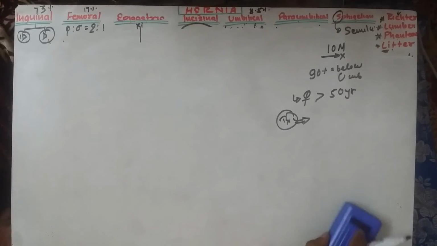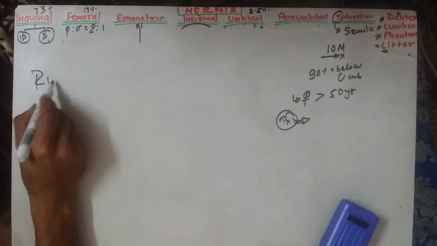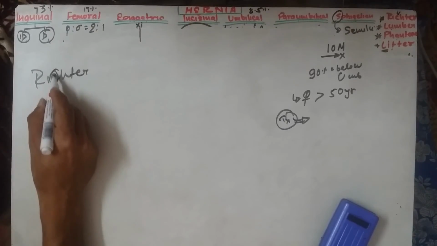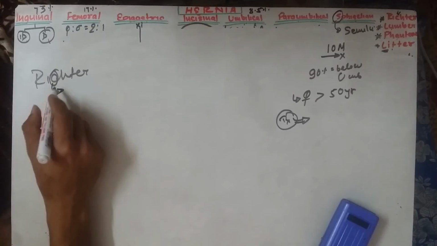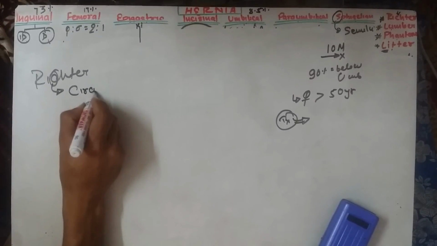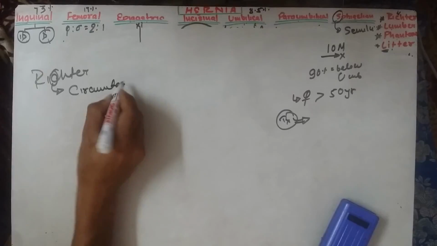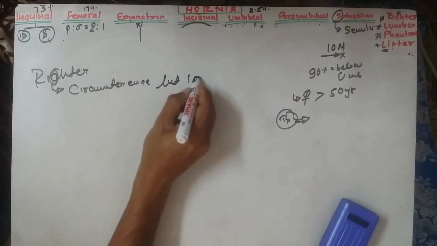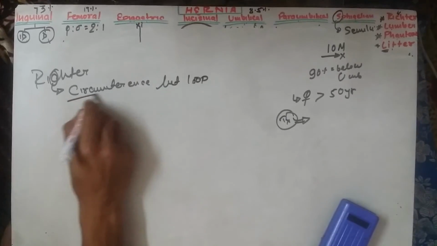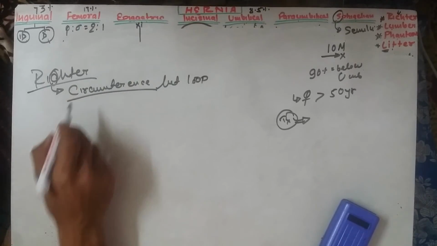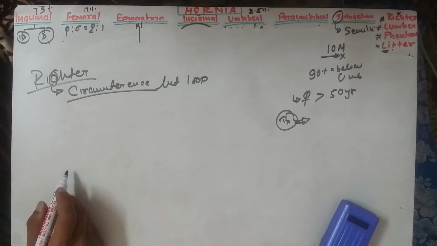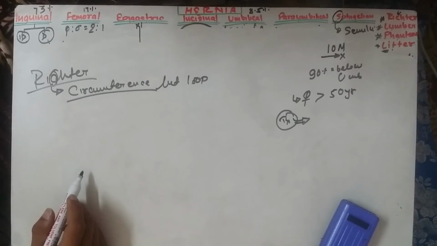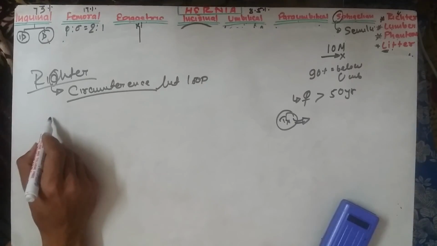The very small topic, that is Richter. Richter type of hernia: the C in Richter can be remembered as the circumference of the intestinal loop. Only a certain circumference of the intestinal loop is herniated in the case of Richter.